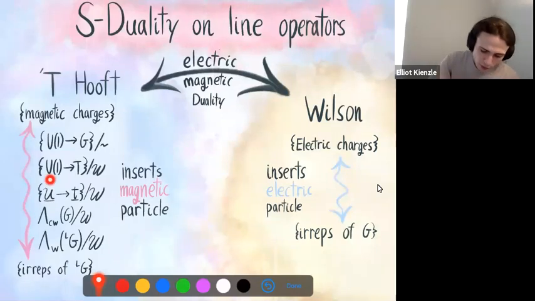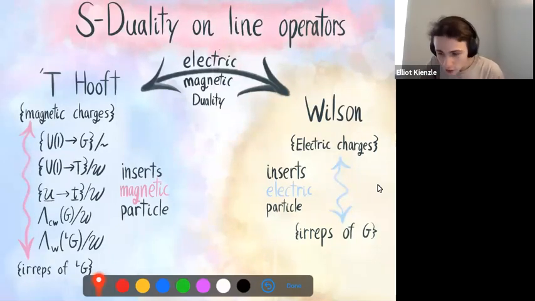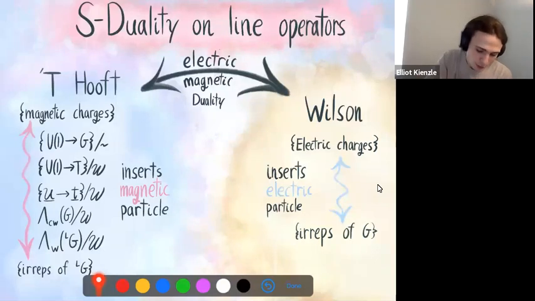A homomorphism from U1 to the maximal torus, you can just linearize, and that gives you a homomorphism from the Lie algebra of U1, which is just R, to the Lie algebra of the maximal torus, which is a Cartan subalgebra, again mod the Weyl group. By definition, these are just the co-weights of the group G, again mod the Weyl group. And by definition of the Langlands dual, which replaces roots with co-roots and weights with co-weights, the co-weights of G are the weights of the Langlands dual, modulo the Weyl group.